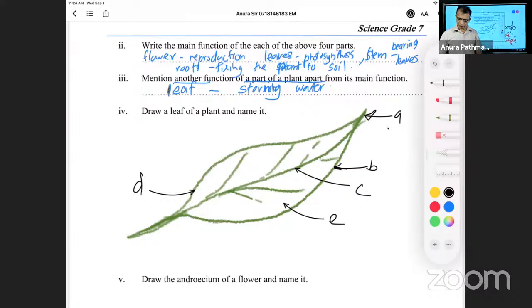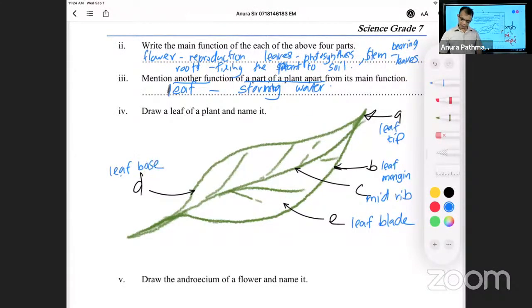B: leaf margin, spelled M-A-R-G-I-N. C: midrib. E: leaf blade. D: leaf base.